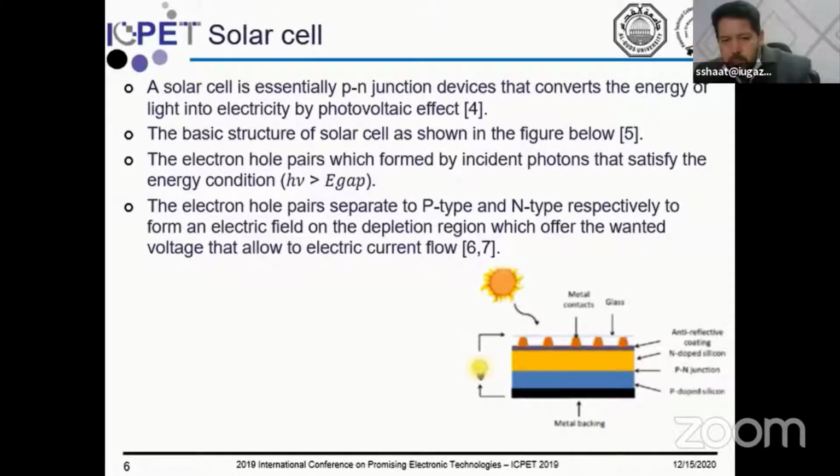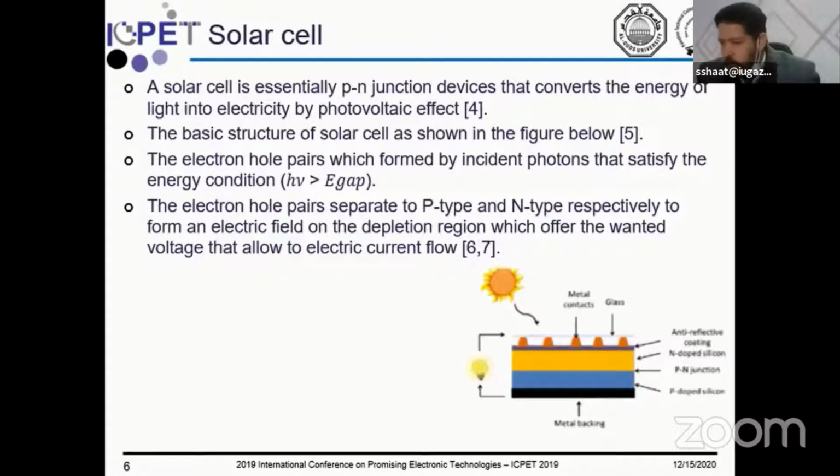Solar cell. Solar cell is the device which converts the incident light to electricity by the photovoltaic effect. The figure below shows the basic structure of the solar cell. The electron hole pairs are formed by incident photons that satisfy the energy condition, where the photon energy must be larger than the gap energy.